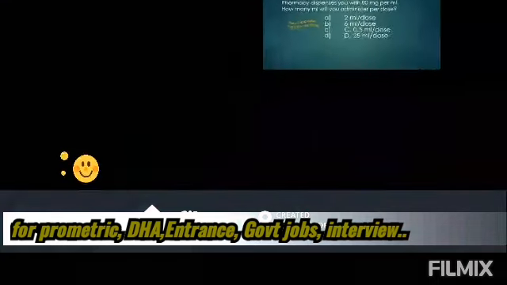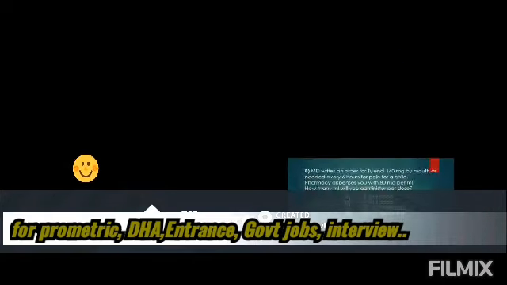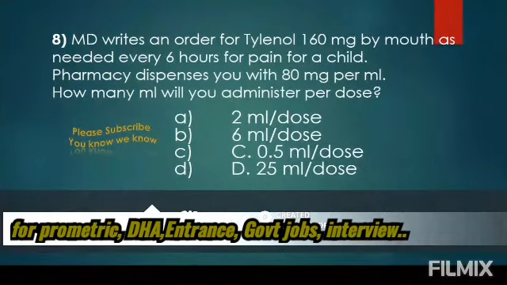So how is it? It is 160 mg, that is the desired dose or doctor's order, divided by the dose in the stock, that is 80 mg, multiplied by 1 ml.